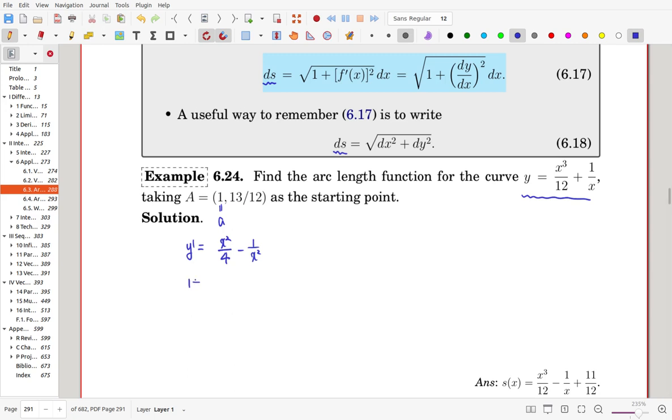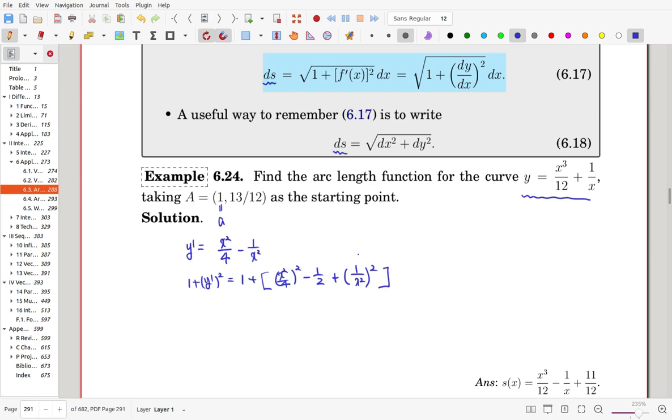Now 1 plus y prime squared is the same as 1 plus x squared over 4 squared, minus 2ab, and ab, and then minus half, and plus 1 over x squared squared.